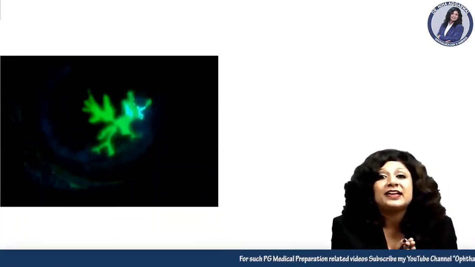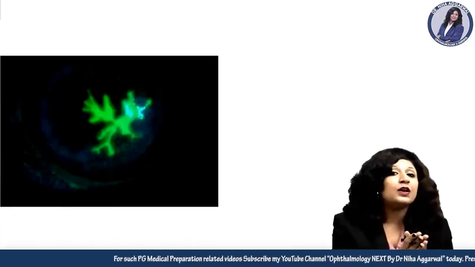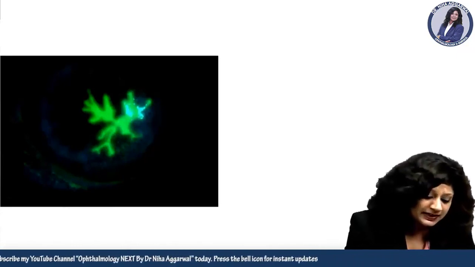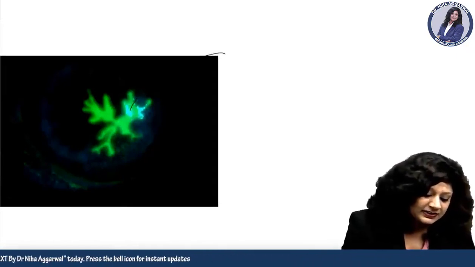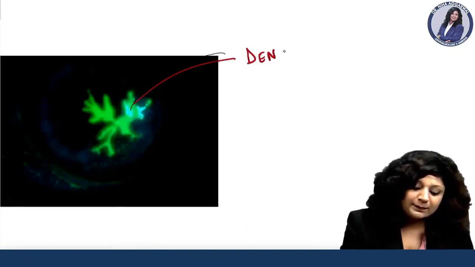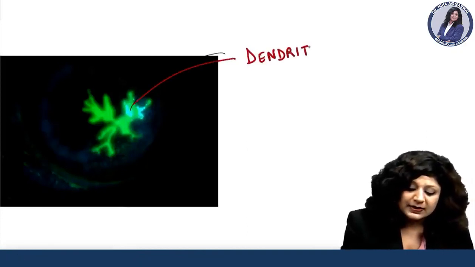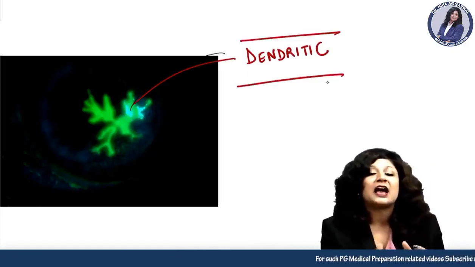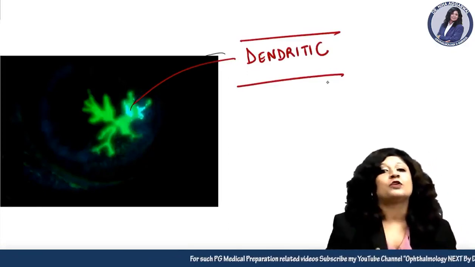Apart from this superficial punctate keratitis, you will also get what is called the dendritic lesion. Very typical of herpes simplex is the dendritic ulcer. This is rather diagnostic or pathognomonic of herpes ulcers, the dendritic ulcers, where you have a tree-like arborizing pattern along with the knobs.